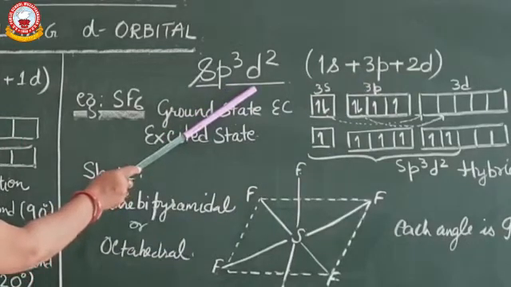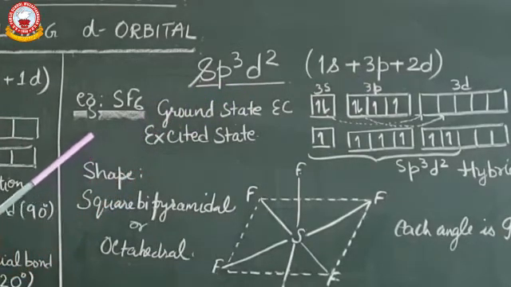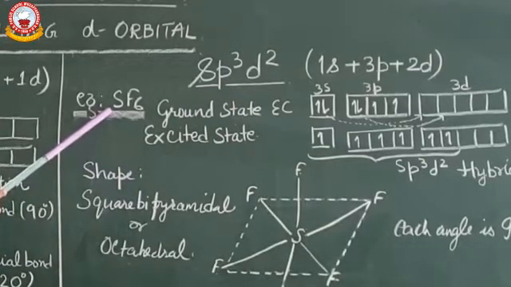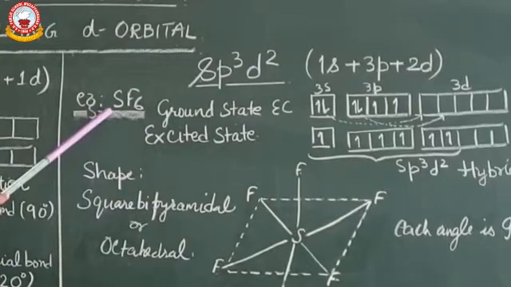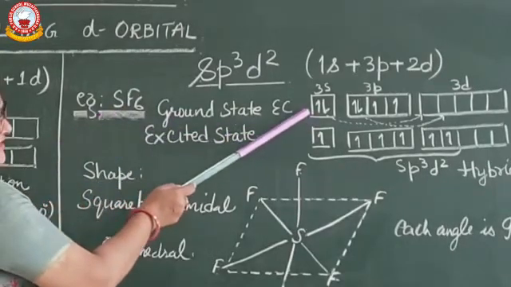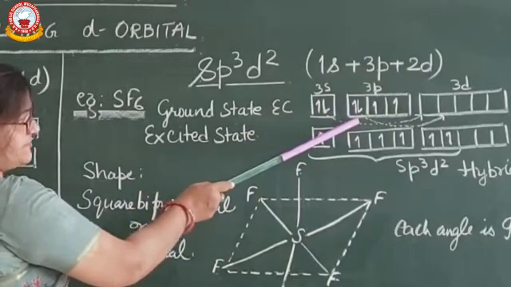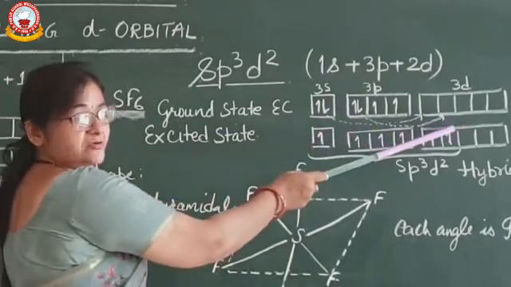sp3d2 hybrid orbitals. For example, in SF6, if we see the electronic configuration of sulfur atom, this is valence shell configuration 3s2, 3p4 and 3d0.